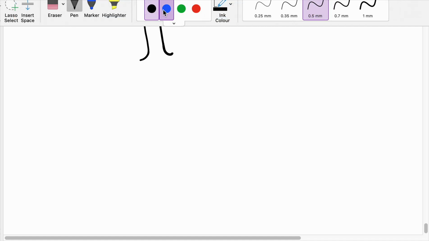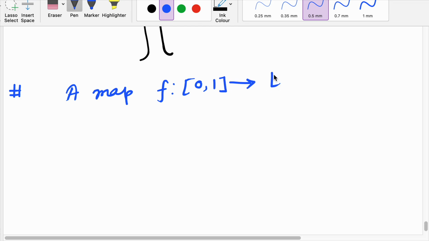Suppose there is a function f or a map f which maps the interval 0 comma 1 into the interval 0 comma 1. This map is called a compact map since it maps this interval onto itself.